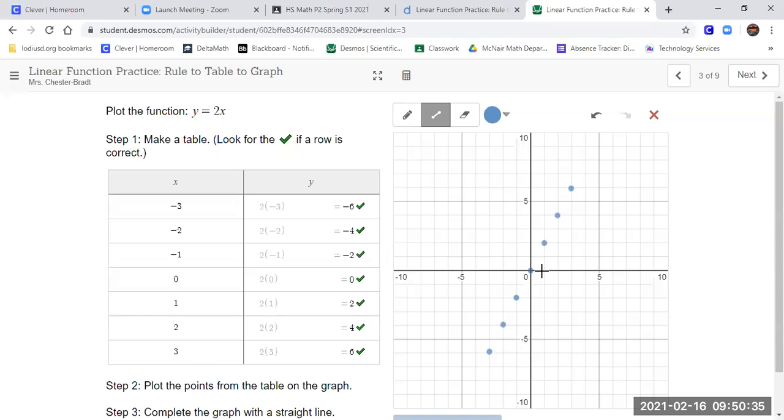So what did my x have to be if my y was -10?